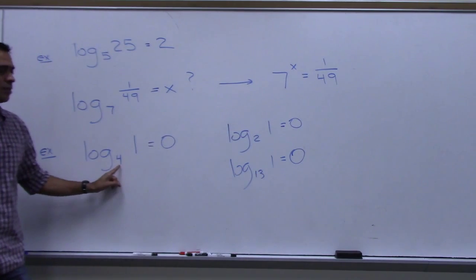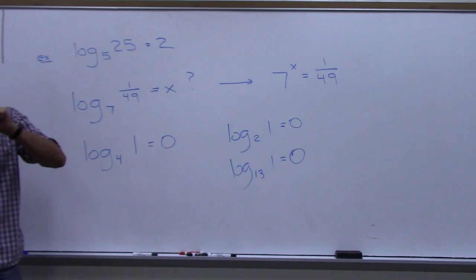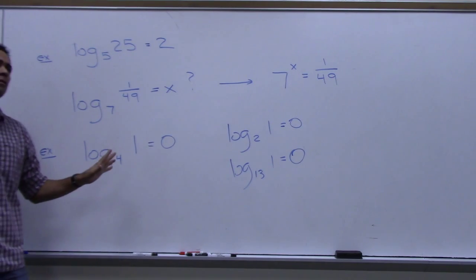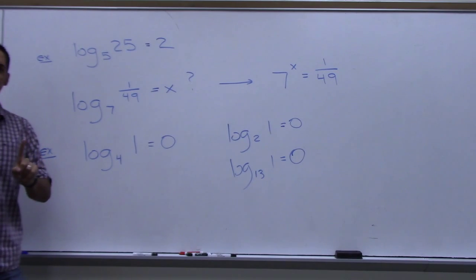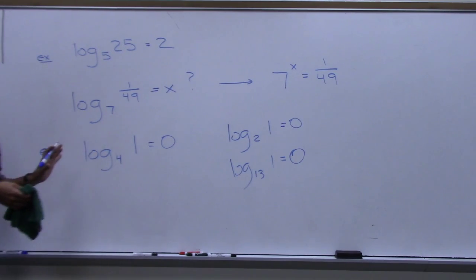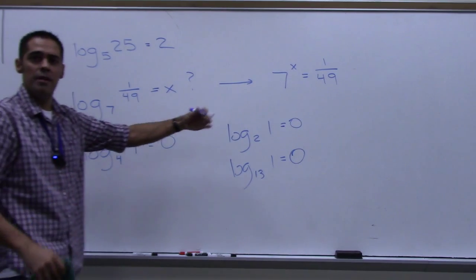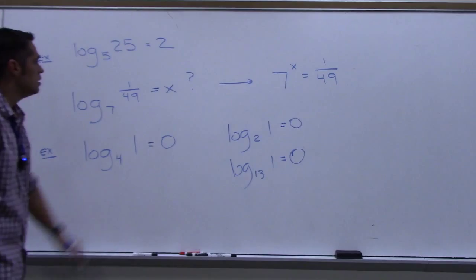We always wanted to make sure that the base was what? Greater than 0, but never 1. Remember we tried to avoid that? So we're going to have the same sort of restrictions here. I haven't stated that. Right now I'm just getting the idea of what a logarithm is first.